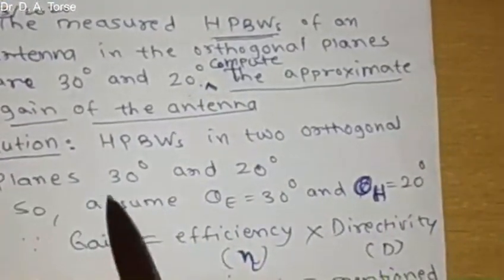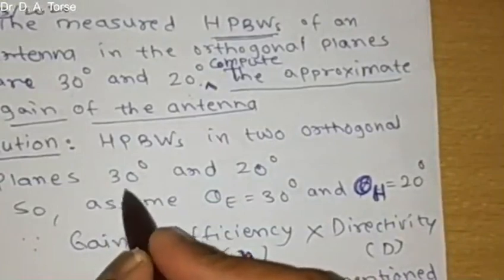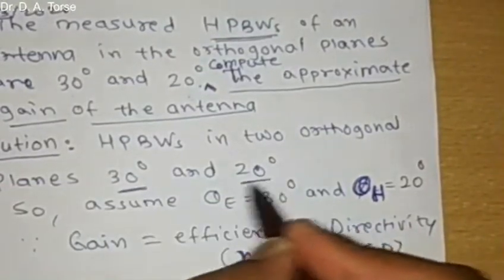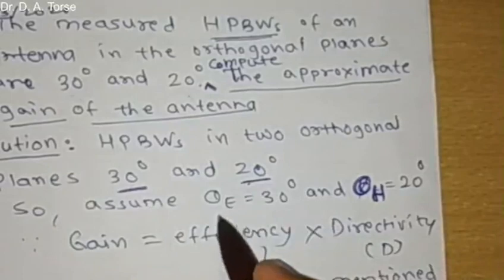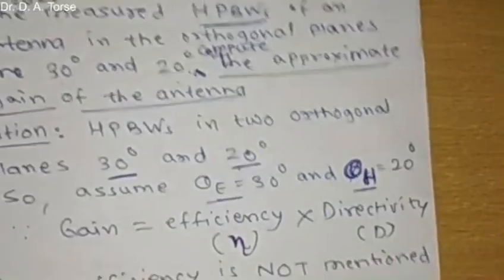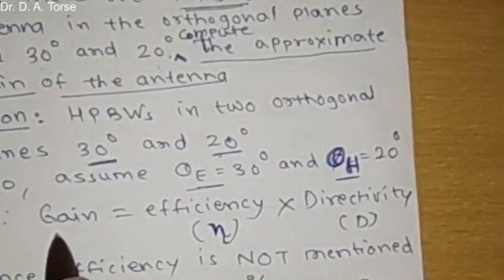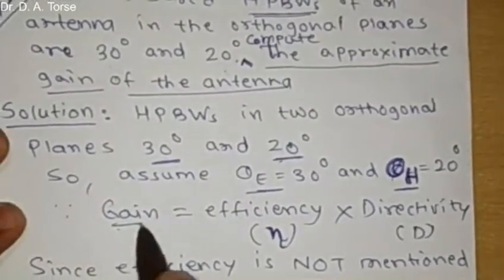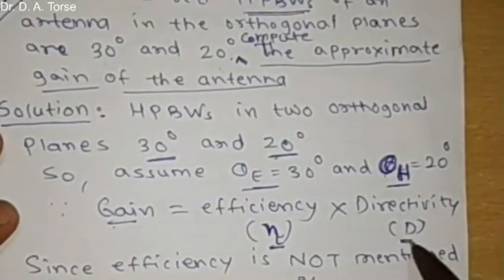So the solution of this problem starts with understanding of the two angles 30 degree and 20 degree, which are theta E and theta H. We have studied the definition of gain as product of efficiency and directivity.